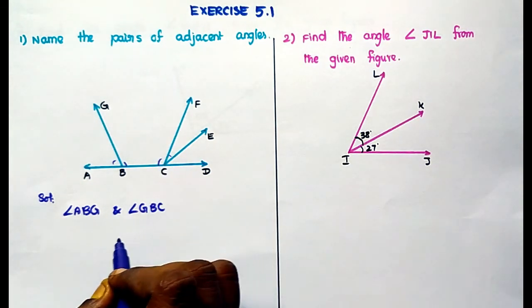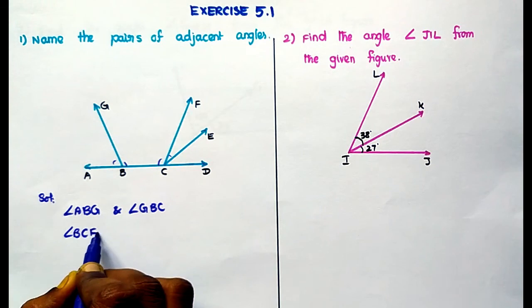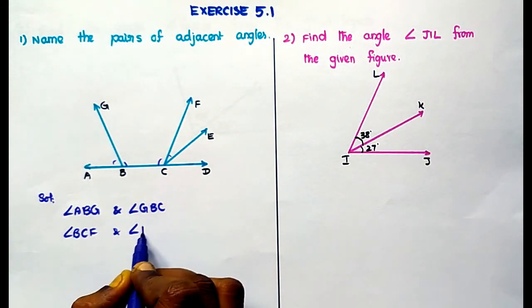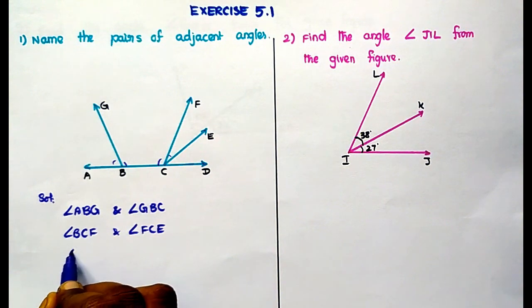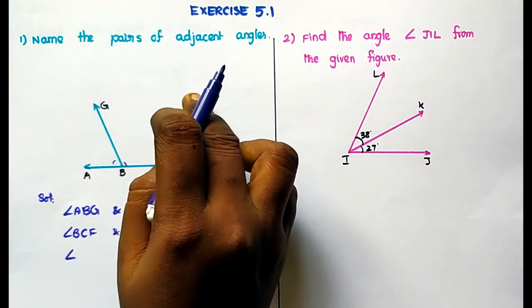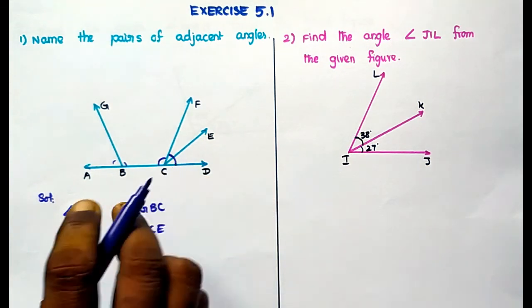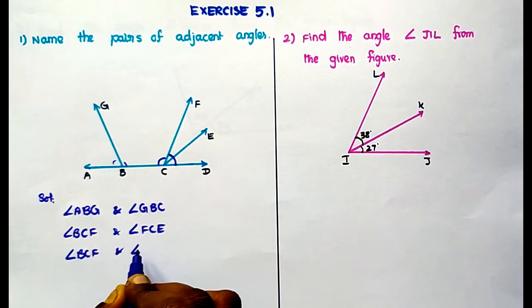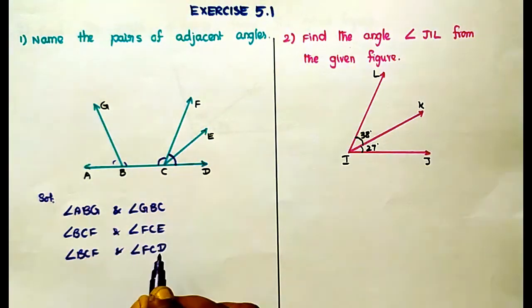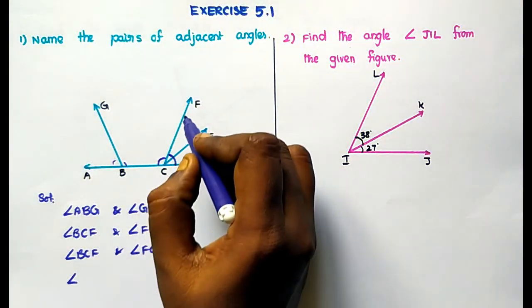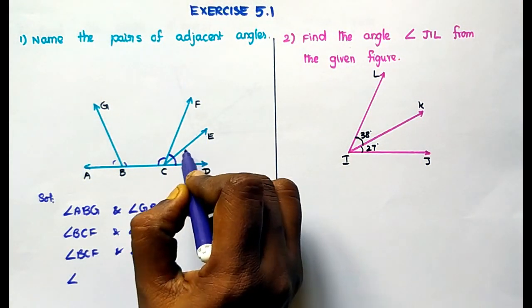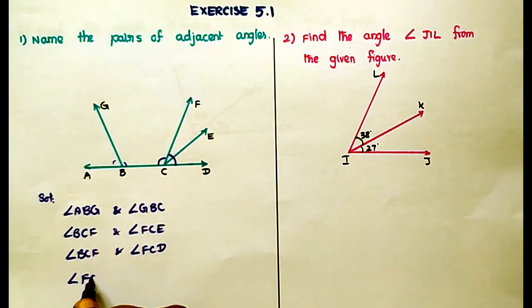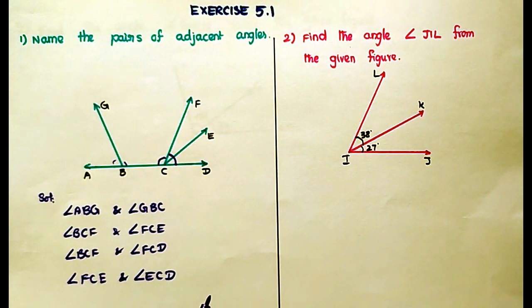These two angles are adjacent. Same thing, angle BCF and angle FCD. Next one, angle FCE and angle ECD. These are the pairs of adjacent angles.